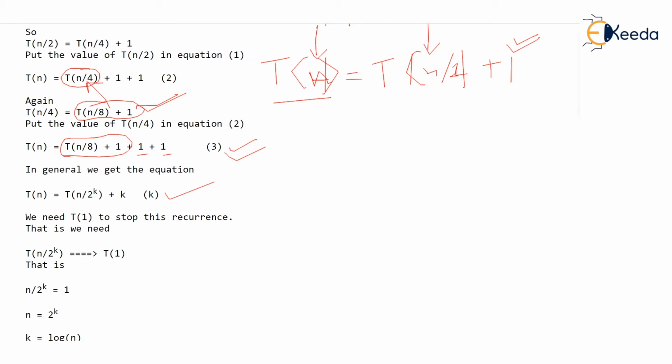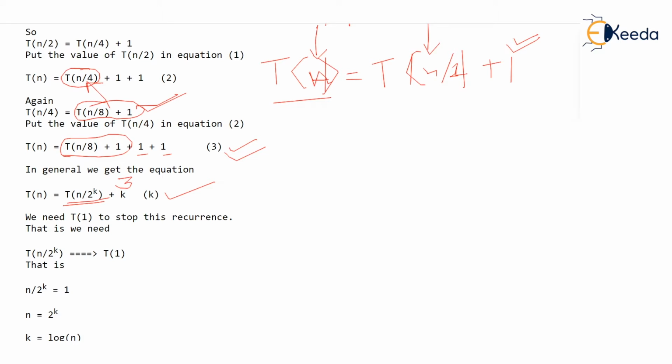Just try to understand. It is Tn is equal to Tn by 2 raised to k plus k. Just imagine this k is 3. Then the left of the plus here will be Tn by 2 raised to 3 because it is 2 raised to k.